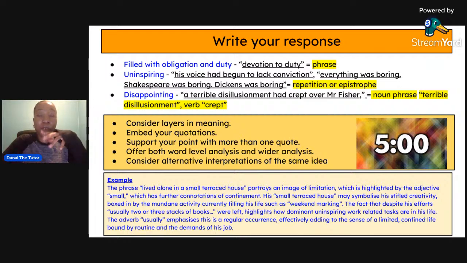It's up to you how you do it. But again, we're looking for layers in meaning, embedded quotations, supporting your point with more than one quote, and you've got plenty to pick from there. Offer both word level and wider analysis, and consider alternative interpretations of the same idea.